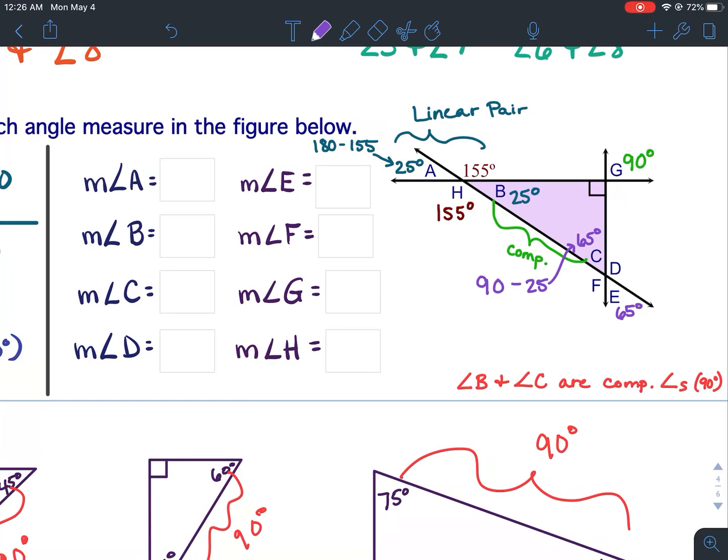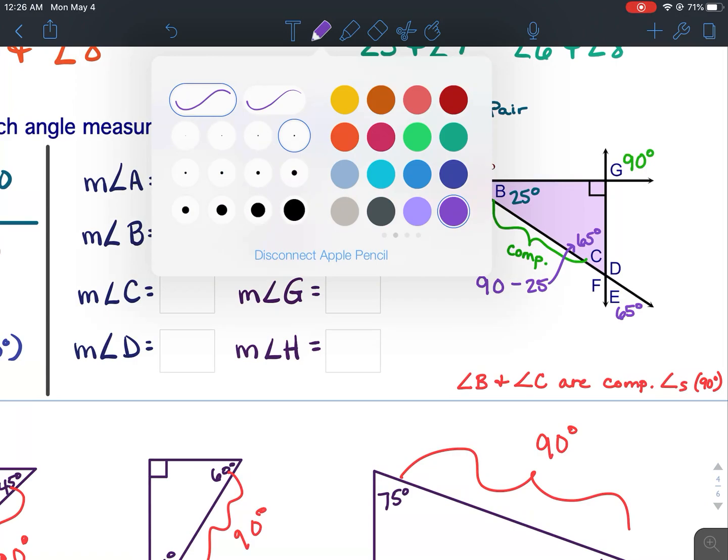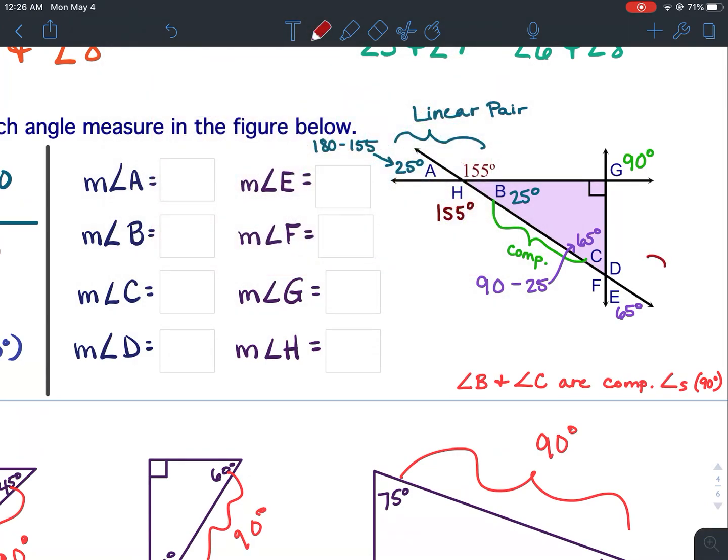All right, the last thing to find is angle D. Well, these two angles right here form a straight line. That means they are a linear pair, and linear pairs are supplementary. So go ahead and put linear pair. So I'm going to take 180 minus 65, and 180 minus 65 is 115.